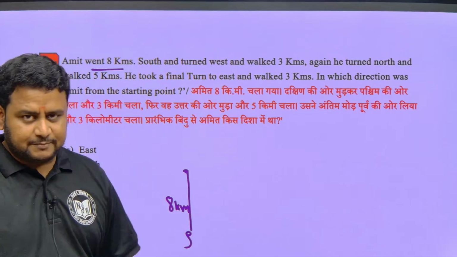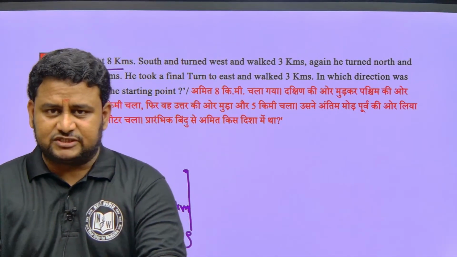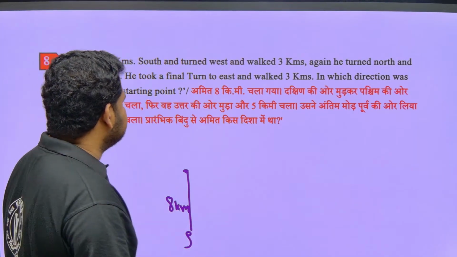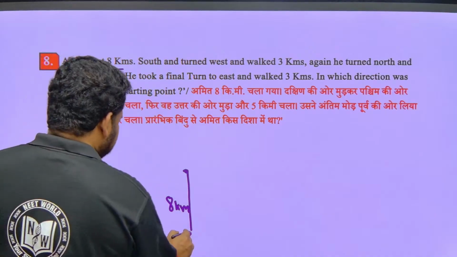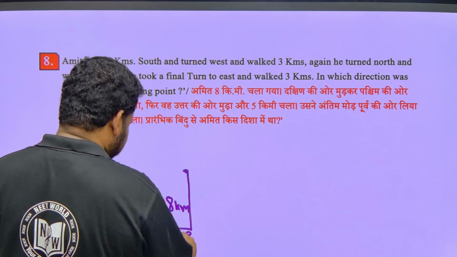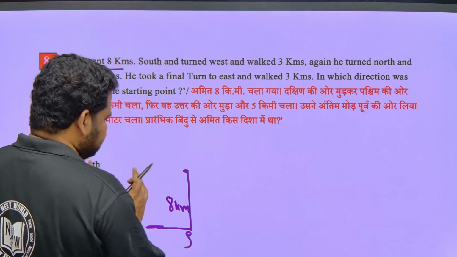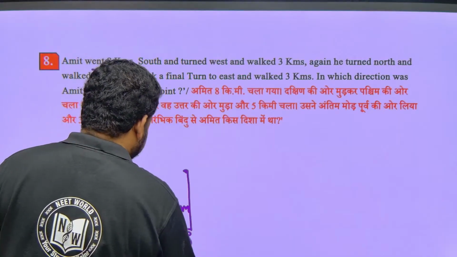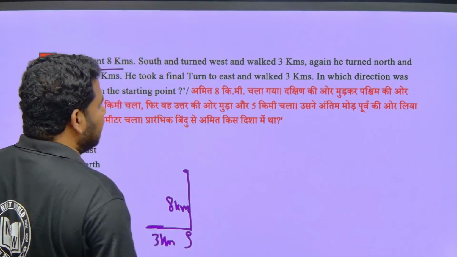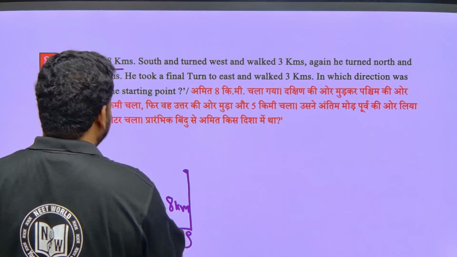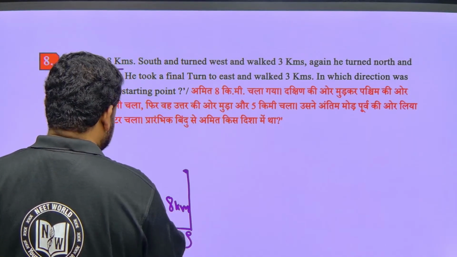He will come down south and turn west, and walk 3 kilometers. And again he turned north, that means upwards, and walked 5 kilometers.